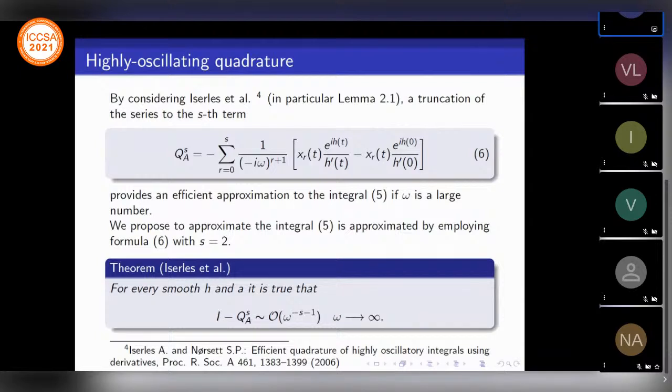We have a good approximation of the integral with such truncated series. For more details about the asymptotic series, we have the reference of the work by Iserles and Nørsett, for instance.